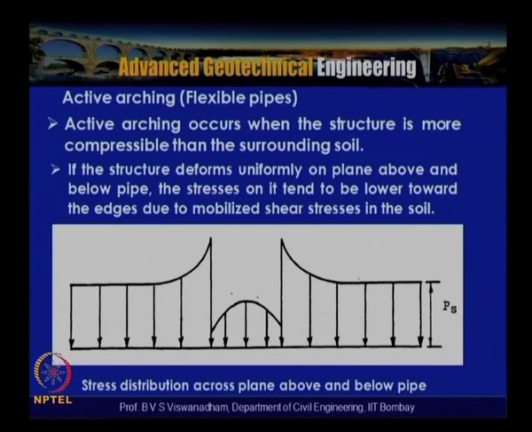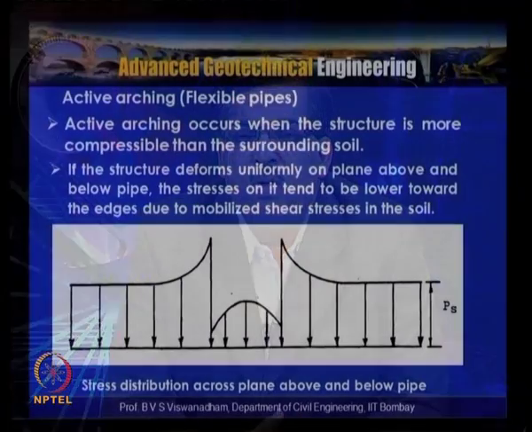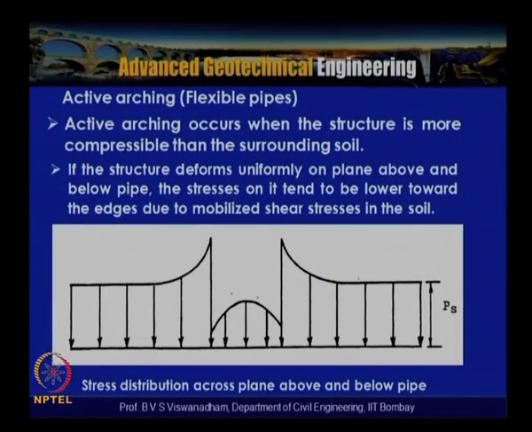Then we also discussed active arching and passive arching. Active arching occurs predominantly in flexible pipes, when the structure is more compressible than the surrounding soil, like a flexible pipe.